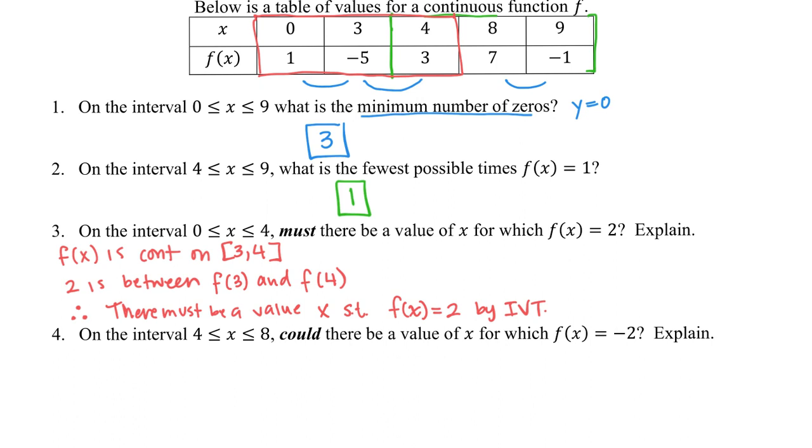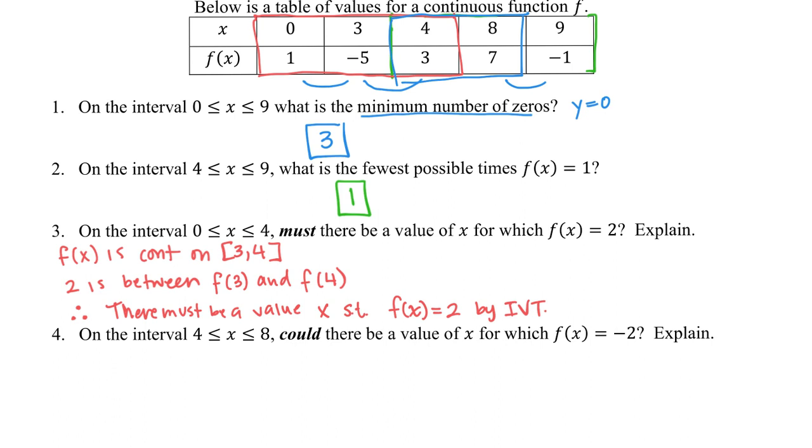Let's go ahead and look at number 4. It says on 4 to 8, could there be a value of x such that f of x equals negative 2? From 4 to 8, the y values go from 3 to 7. So there does not have to be a value such that f of x equals negative 2. But could there be? There could be, because the graph could make a dip down below.